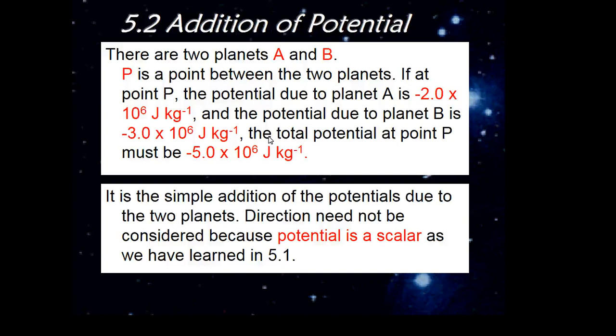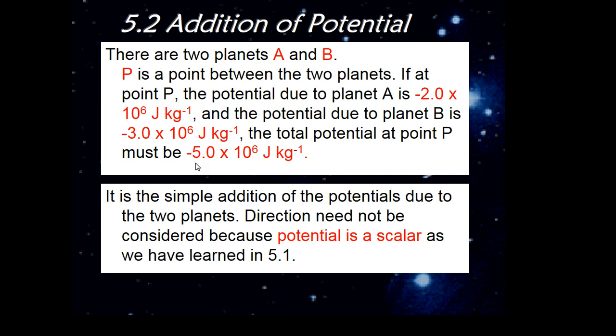If at point P, the potential due to A is -2, and the potential due to planet B is -3, the total potential at P must be -5. It's just a simple addition. It is like that, but I need to state it explicitly and clearly.